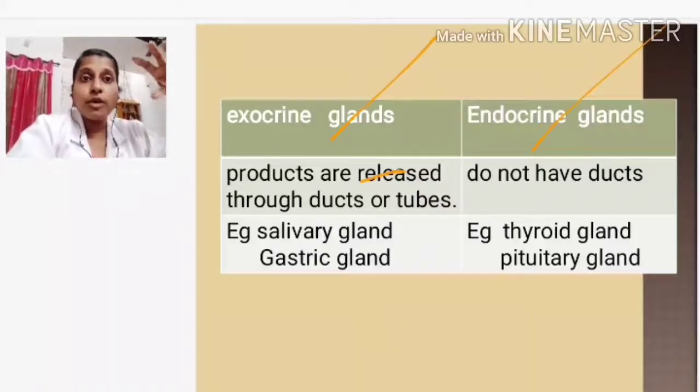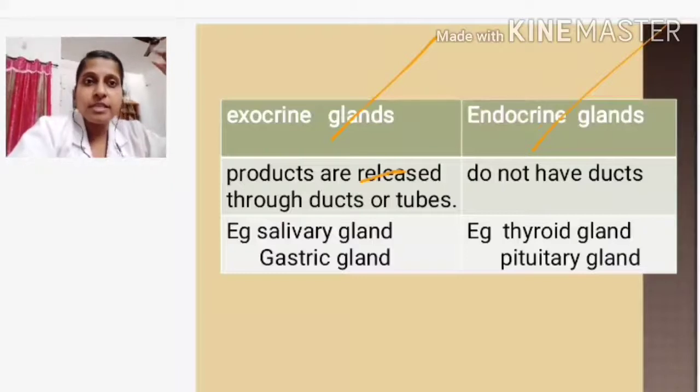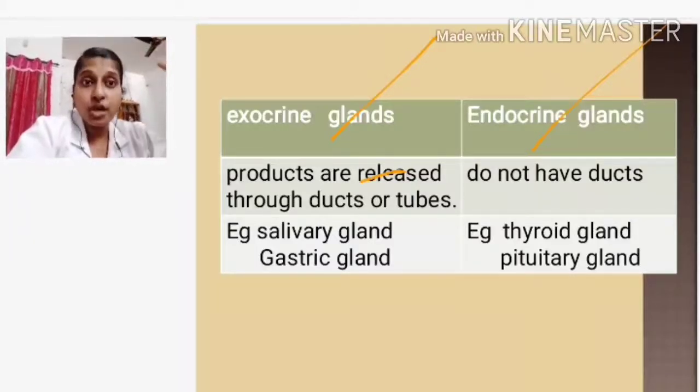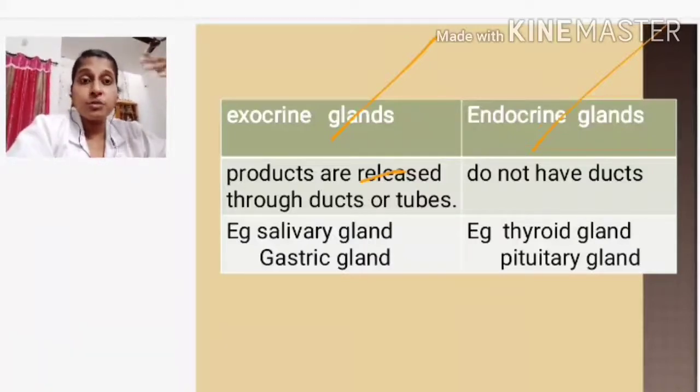If the metabolic rate goes higher, thyroxine will be secreted immediately, go and act, and the function is over. Testes and ovaries also produce hormones, so they are also endocrine glands. Whenever the sexual stimulus is gained, they become activated, the hormones are put out, and thereafter the function is over. They cannot store it anywhere.